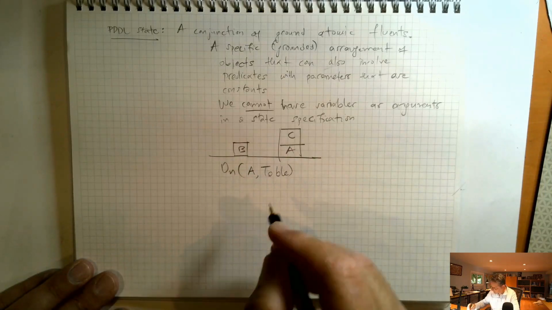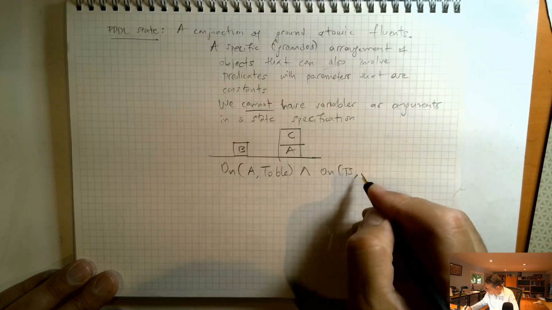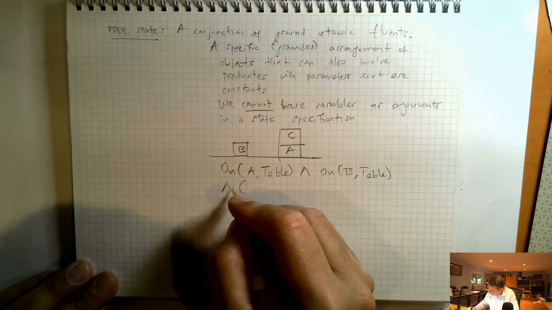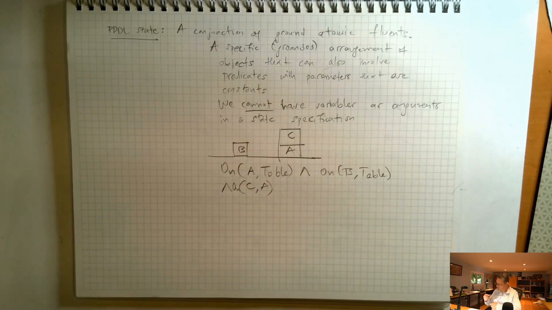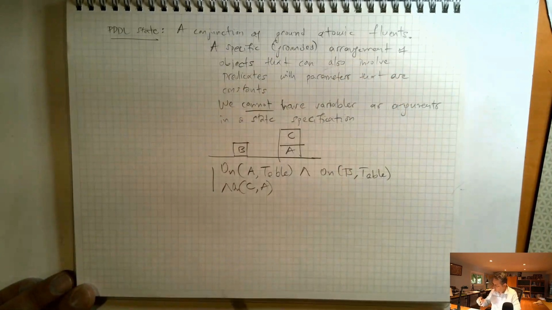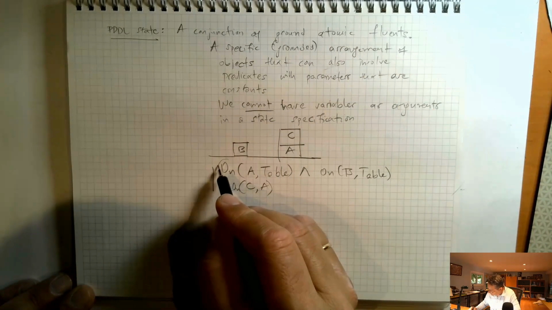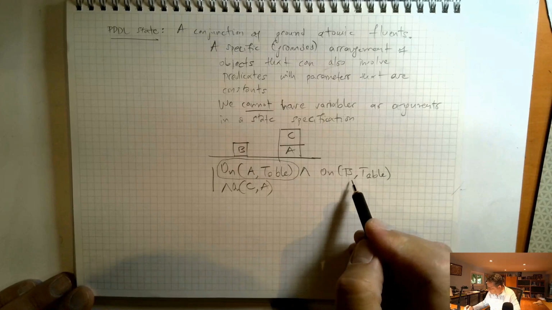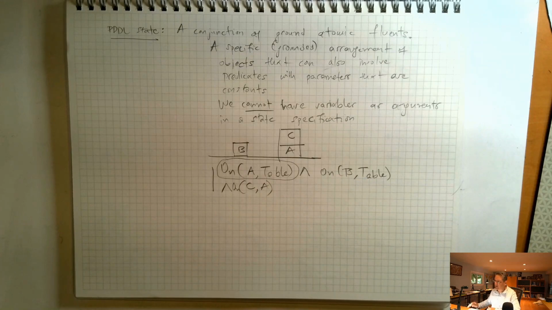So A is on top of the table, and B is also on top of the table, and C is on A. Okay, so this is a grounded atomic, in other words, there is only one predicate involved, conjunction of fluents, and fluents effectively have the notion of things that actually can change over time as the system operates.